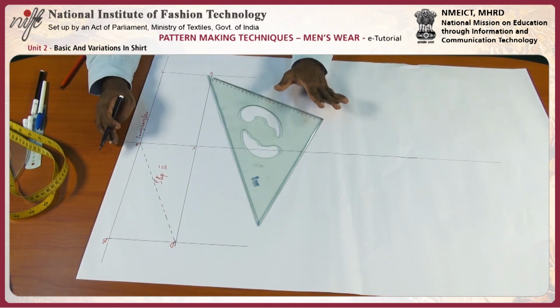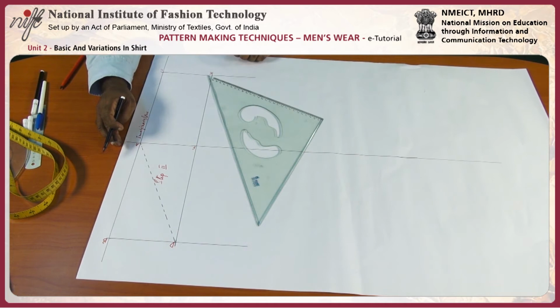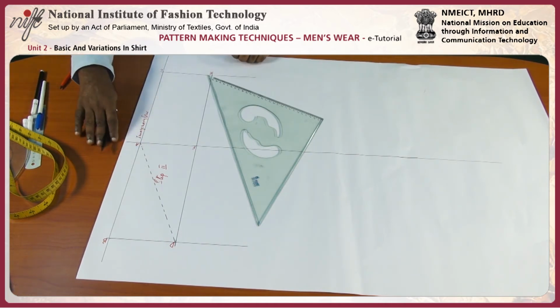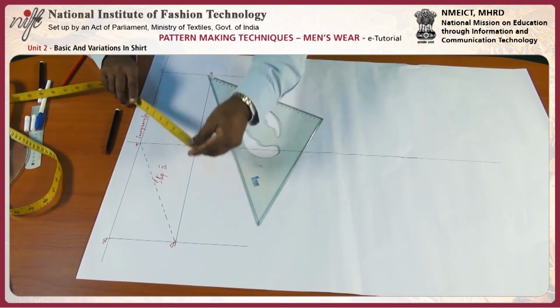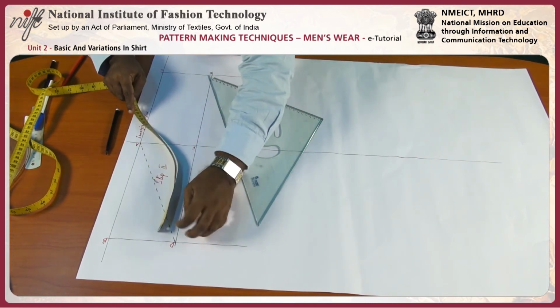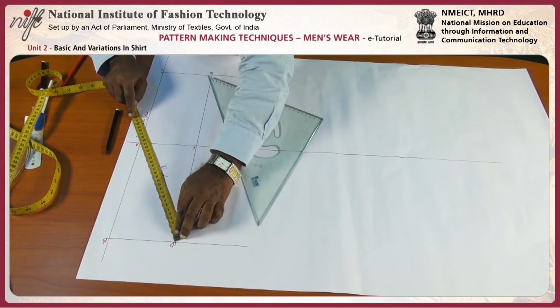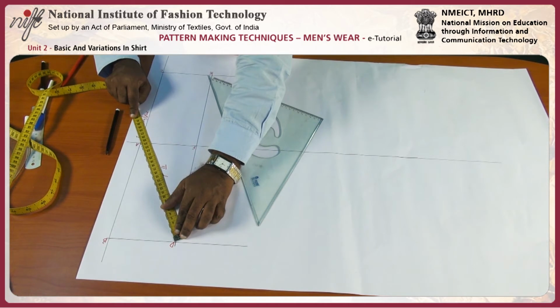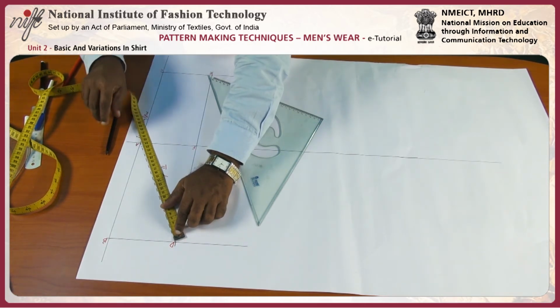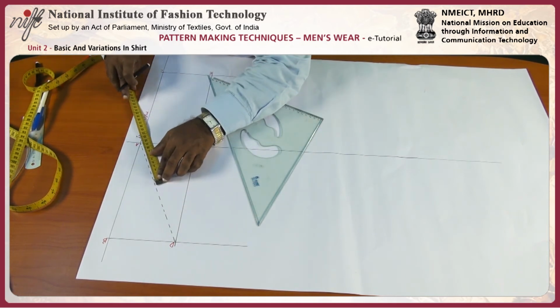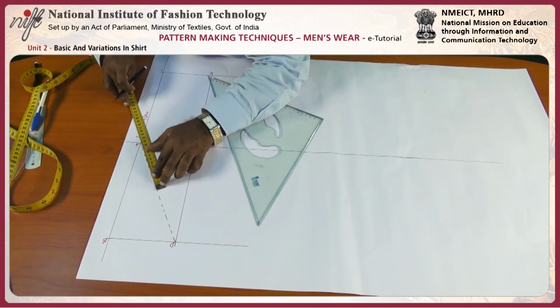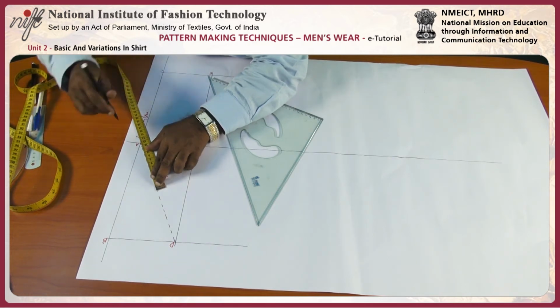A to G is half of AD plus 5 millimeter on the line AD. AD is 24.5, half will be 12.25 plus 5 mm will be 12.75, can be considered 12.8 centimeter.